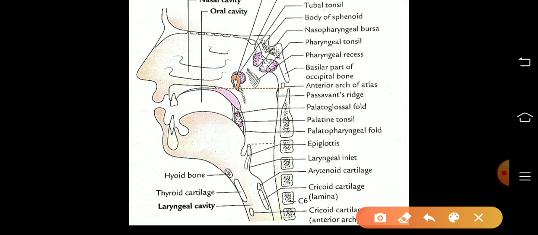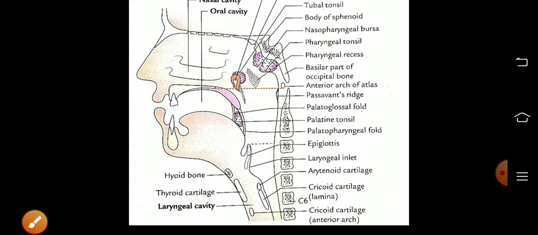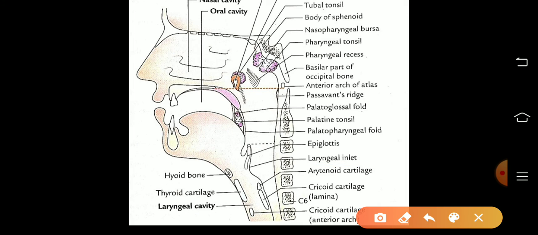Anteriorly, it extends from the laryngeal inlet, or more exactly from the tip of the epiglottis, till the lower border of the cricoid cartilage. This is the cricoid cartilage. So from here to here it extends anteriorly.